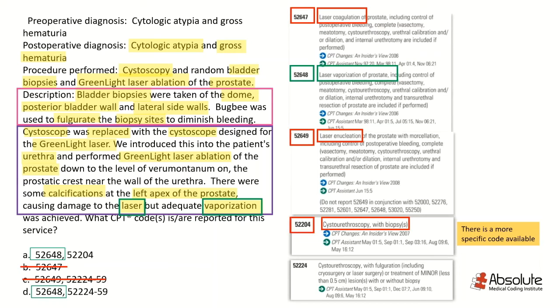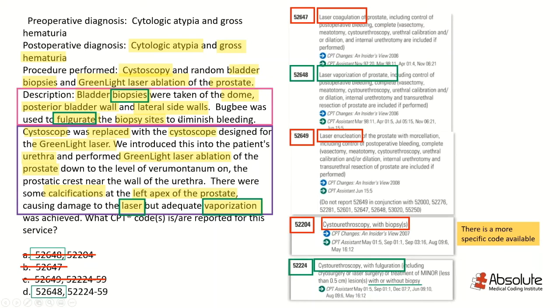All right, so that's why we're going to take away 52204, because this is more specific. Not only did we have the cystourethroscopy, but it was with fulguration and with the biopsy. See, we've got the fulguration and then we had the biopsies as well. All right, with the biopsies.